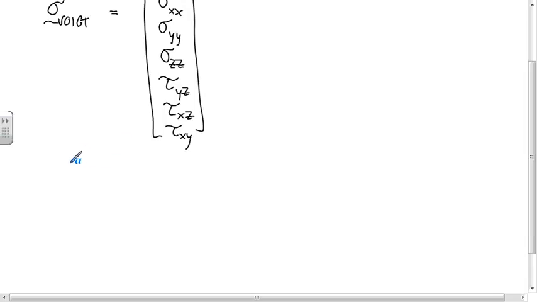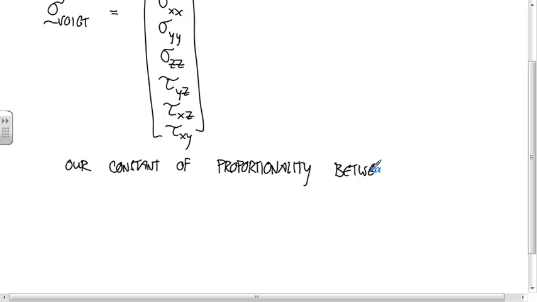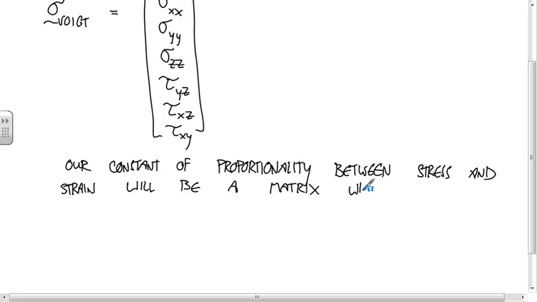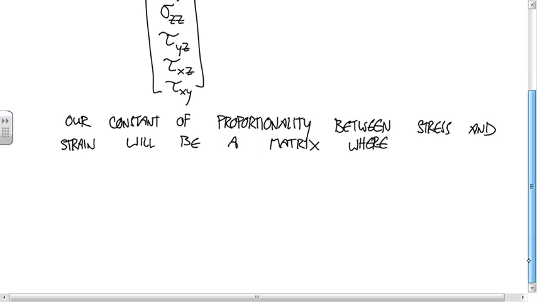And our constant of proportionality between the stress and strain will be a matrix where, and let's see, what's the form that we usually use?